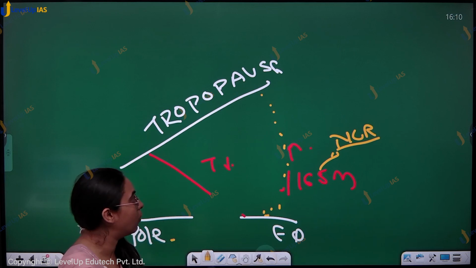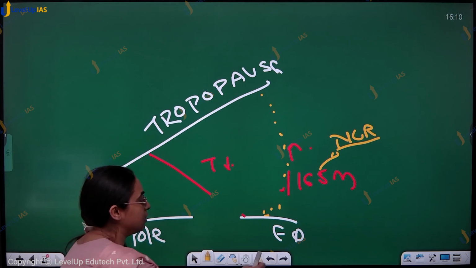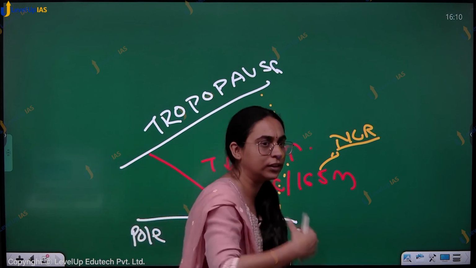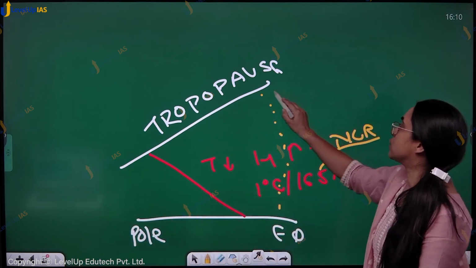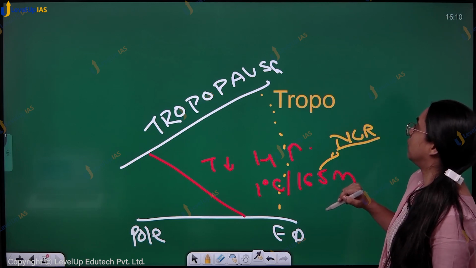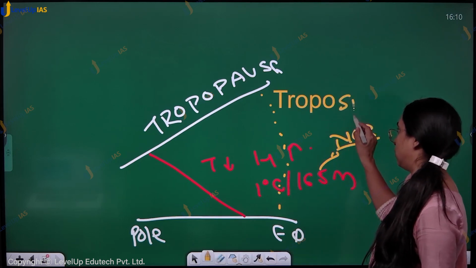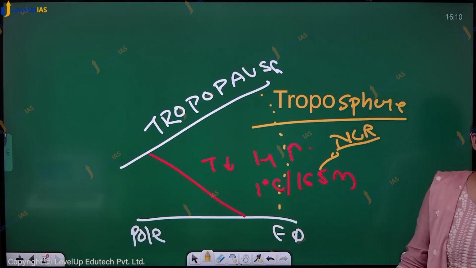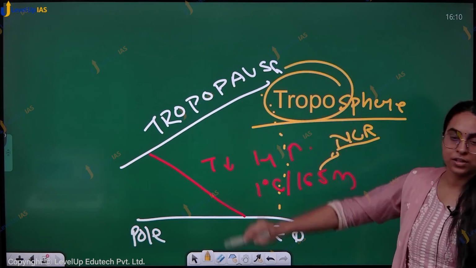First tell me, where is the troposphere? What does the word troposphere mean? What does tropos mean?